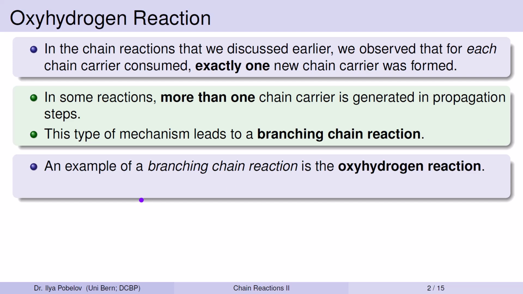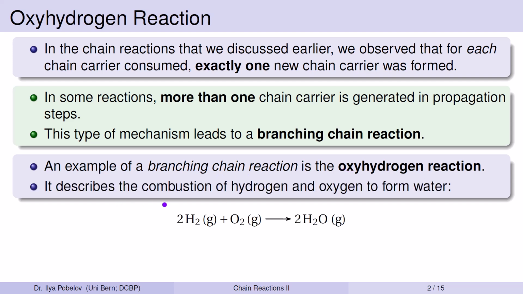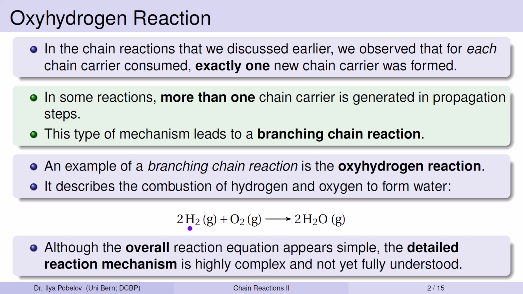A well-known example of a branching chain reaction is the oxyhydrogen reaction, which describes the combustion of hydrogen and oxygen to form water. Although the overall reaction equation appears simple, the detailed reaction mechanism is highly complex and not yet fully understood.